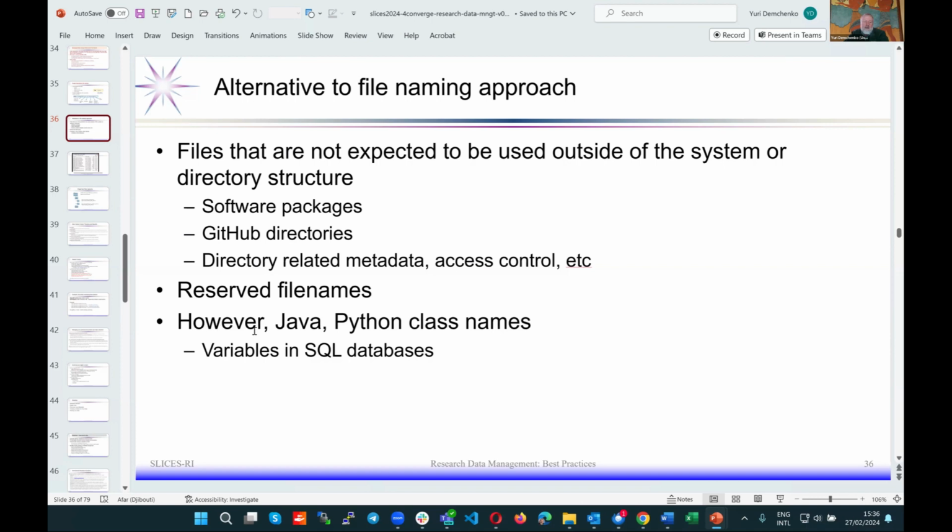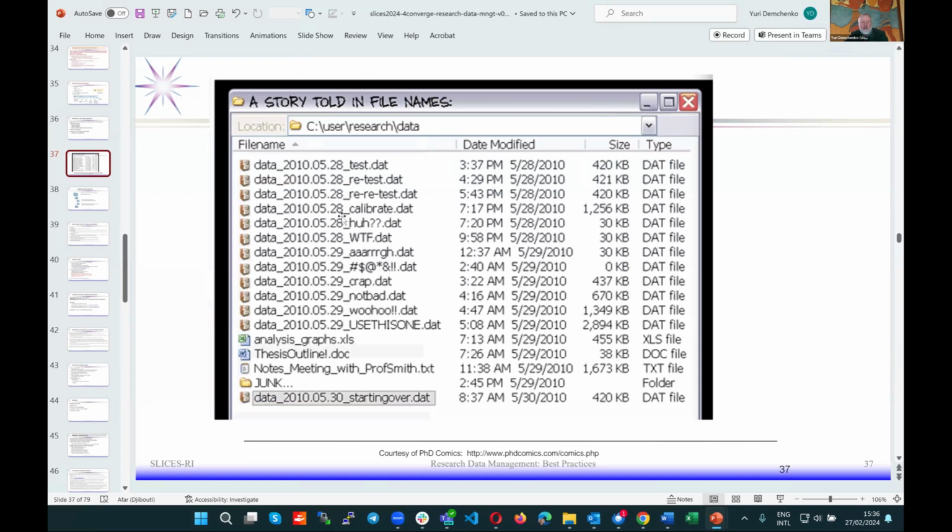And another issue is, even in these software packages, if you have the names of classes, for example in Java, Python, you have a kind of namespace or domain namespace structure of the class names. And this is an example that I typically use to show more or less consistent data management. There are other, okay, this will be the next slide.